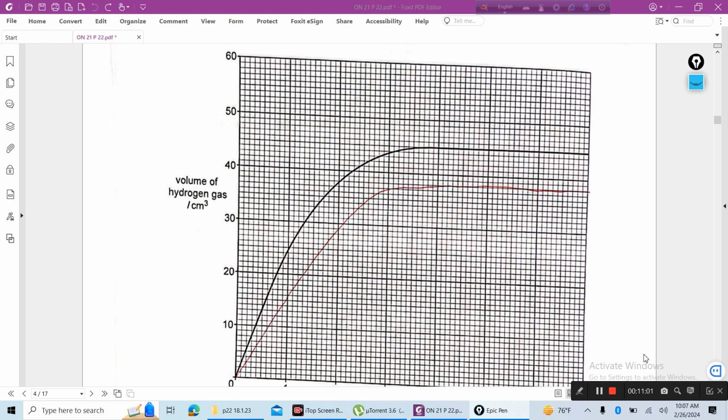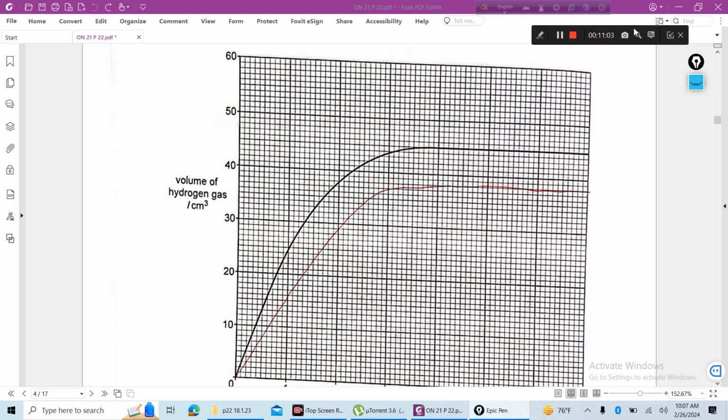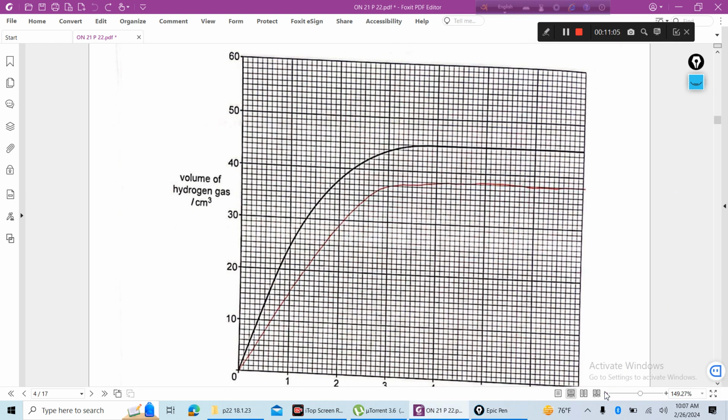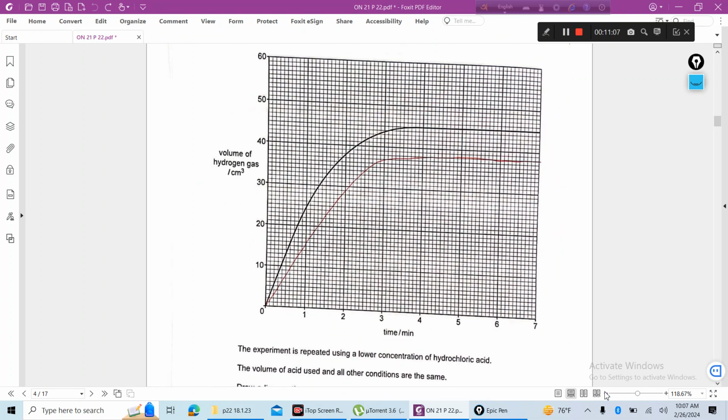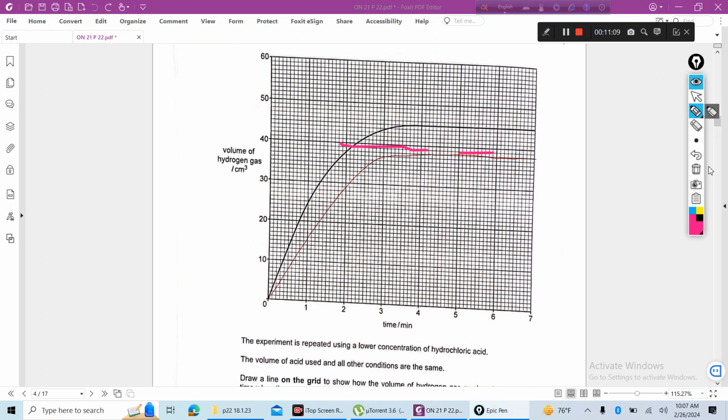This is the graph of volume of hydrogen gas with time. Volume increases with time in this graph.